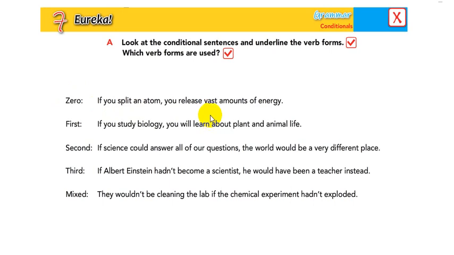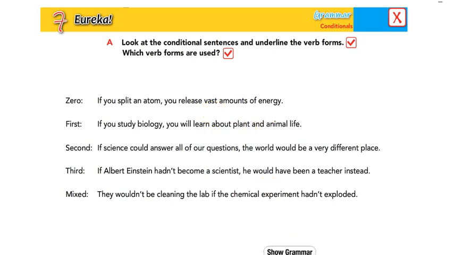So I'll ask another student, okay, guys, now, thank you so much, my dear. Now, who can tell me when do we use the zero conditional? Yes, we use the zero conditional to express facts.